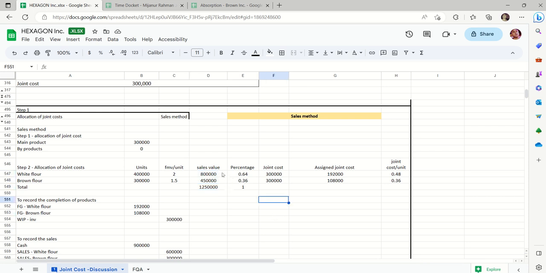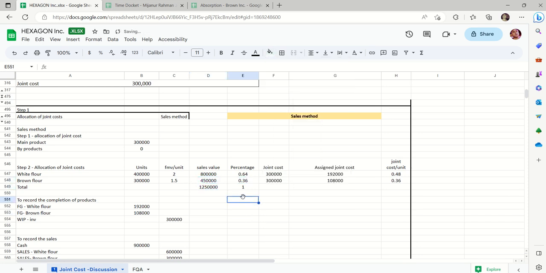That gives you 1,250,000. You divide 800,000 by 1,250,000, that gives you 64%. You divide 450,000 by 1,250,000, that gives you 36%, highlighted in green. Okay, you can see that.